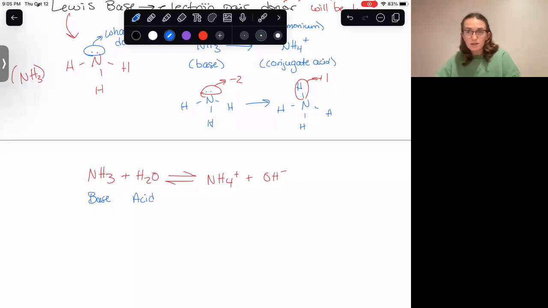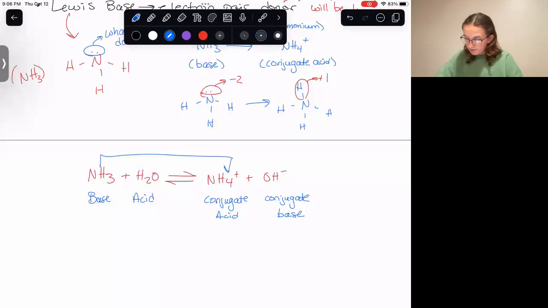Making NH4 plus, right? One additional hydrogen is going to be your conjugate acid. And OH minus is going to be your conjugate base. And this connects this to this and this to this.